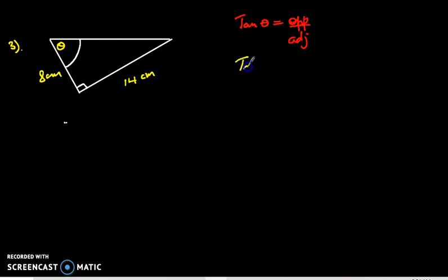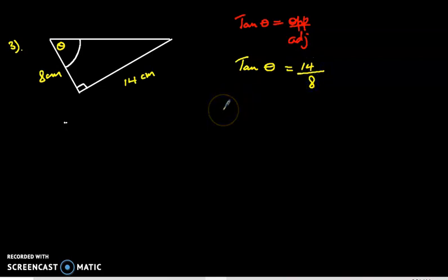So tan theta, put back theta because theta is what we want to find. We don't know theta yet. Equals opposite. What's the opposite side of the triangle? That is 14 and the adjacent side is 8.